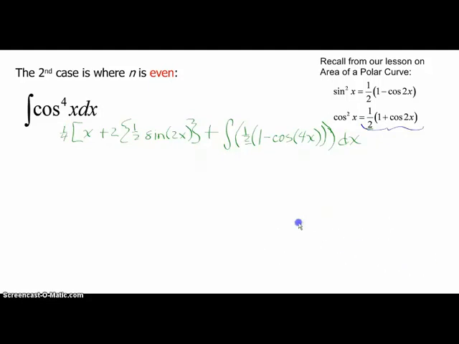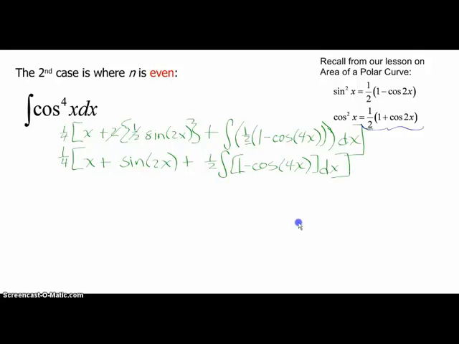And I'm going to just continue to copy down everything that I have found so far. I'll clean this up a little bit. That becomes the sine of 2x plus, I can pop my 1/2 out here. And now this is a u substitution. 1 minus the cosine of 4x dx.